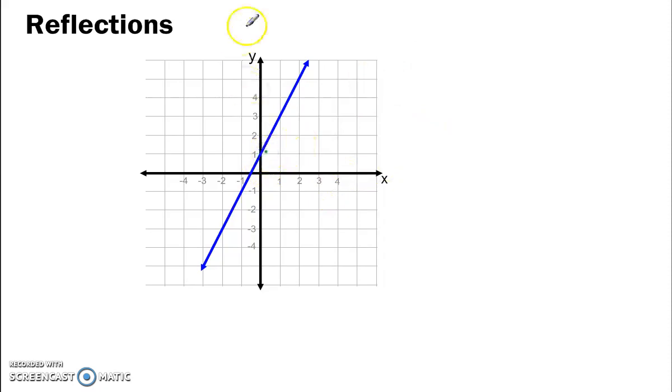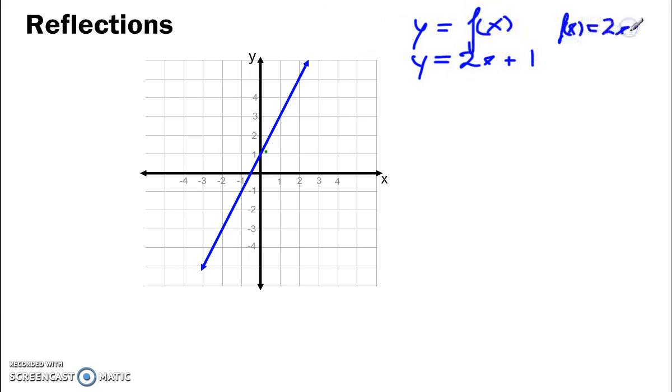Here I have the graph of y equals 2x plus 1. The 1 is the y-intercept, the slope is 2, up 2 over 1. Now I want to figure out what happens if I negate this entire expression. So remember, this is still y equals f of x, and in this case f of x equals 2x plus 1.